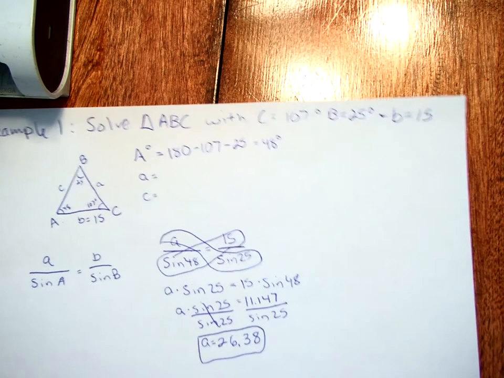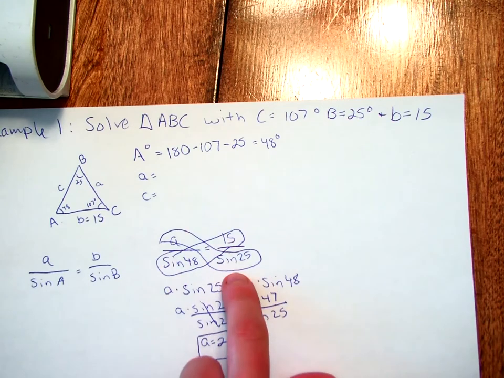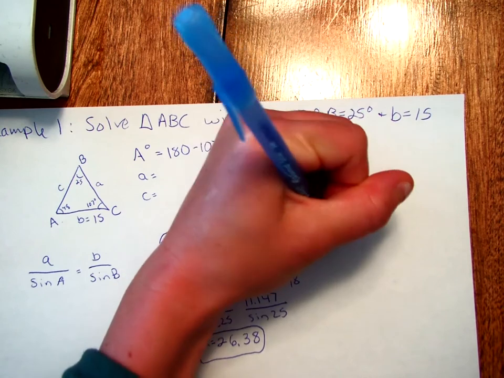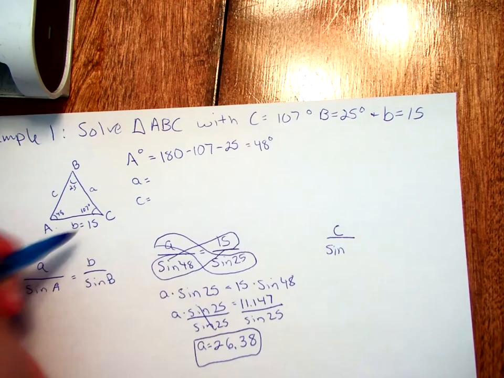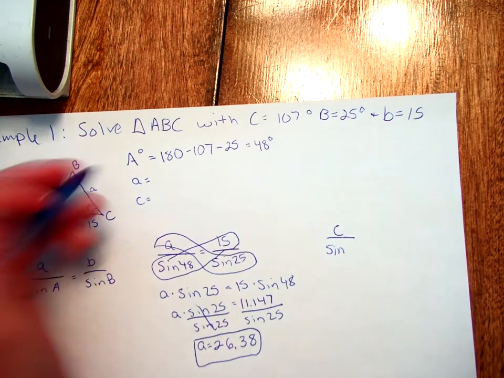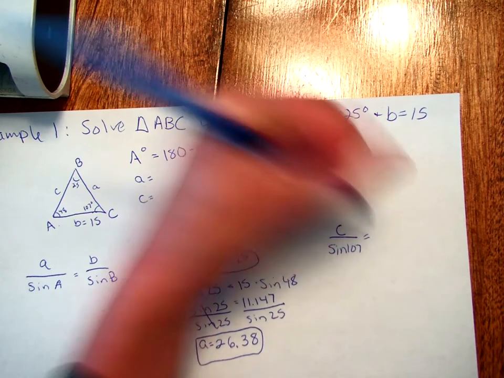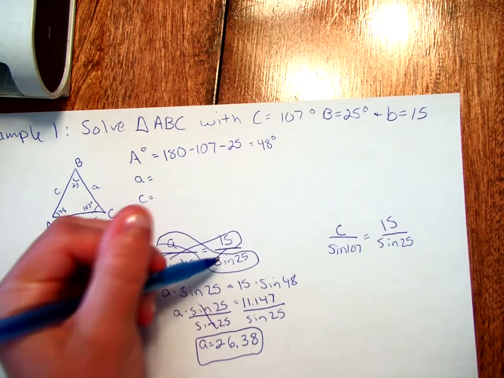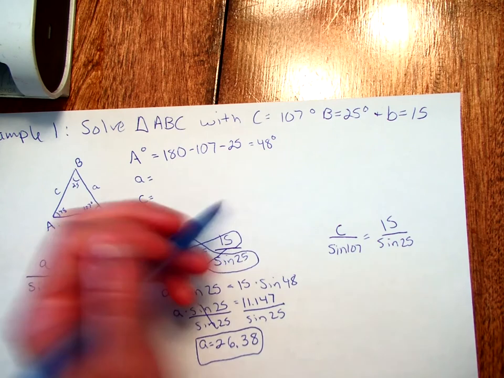So then you do the same thing for c, and we're also going to use b because that is our given information. So c goes up here, and then the sine of C, we now know the angle is 107, equals 15 over sine 25. Again, we're still going to use all of b that we have.